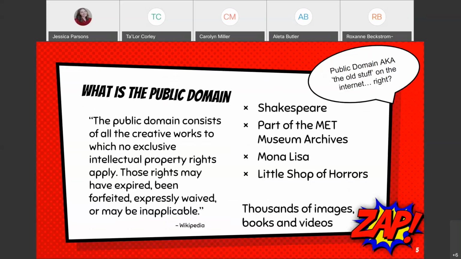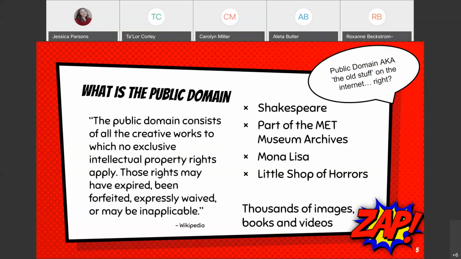What is the public domain? The public domain consists of all creative works to which no exclusive intellectual property rights apply. These rights may have expired, been forfeited, expressly waived, or may be inapplicable. This includes Shakespeare, part of the Met Museum archives, Mona Lisa, literary classics like fairy tales by Brothers Grimm, Les Miserables, The Jungle Book.